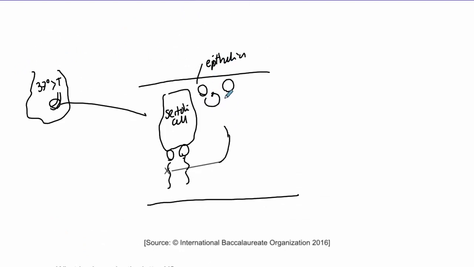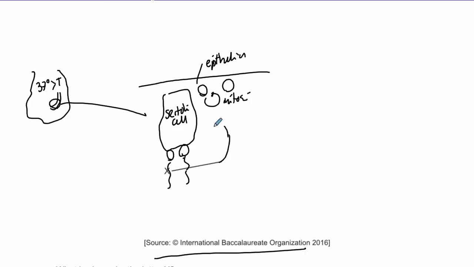So if they have meiosis here, mitosis here, when you get closer to the center of the tube, they become more and more mature.